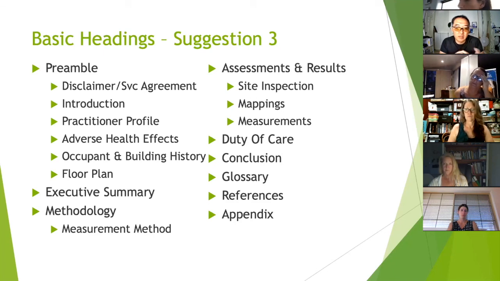And the methodology, measurement methods, that's there to be able to replicate that assessment, right? If another building biologist is hired as a second opinion, they could look at the report and then try and produce the same results or determine if there's anything missing.